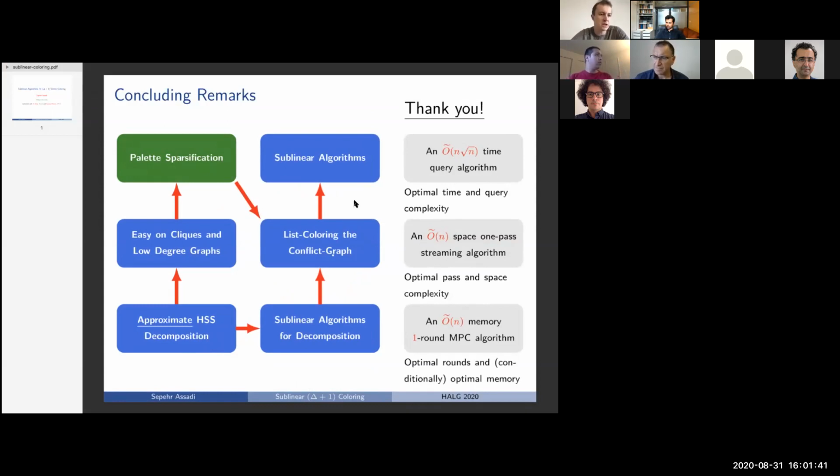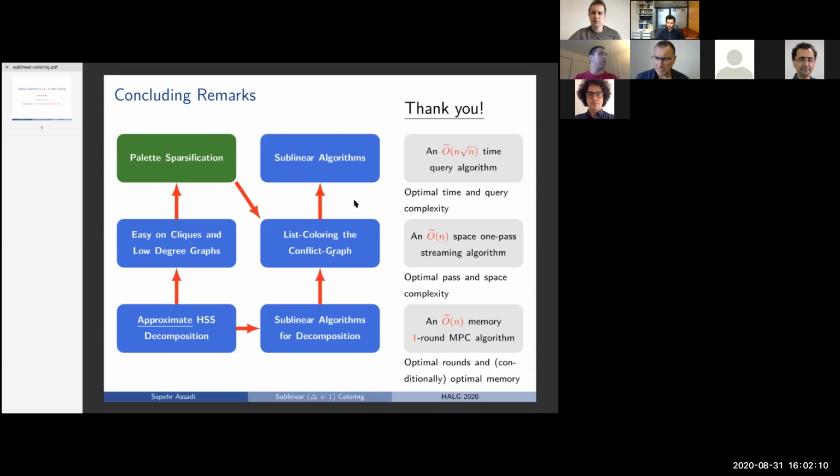Thashafol asks, could you mention some more applications of the sparse-dense, the HSS decomposition, say in the centralized or classical setting? So good. The HSS decomposition, I know it's been used in distributed computing, for instance, to design local algorithms for delta plus one coloring. There is that line of work there. There is also, in graph theory, people have looked at this type of decomposition to prove extensions of Brooks' theorem.